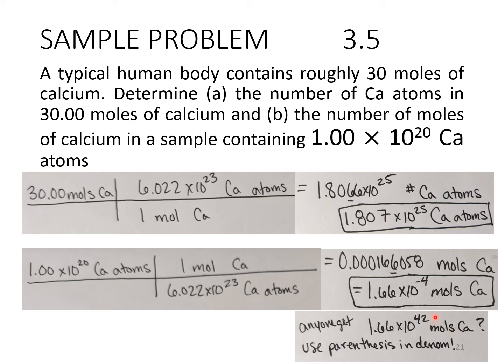So you absolutely should never have this sort of setup. Now, if you had this many atoms, that's starting to get closer to appropriate, right? You can have times 10 to the many atoms. You could never have times 10 to this many moles. Okay, so just make sure you're using those parentheses in the denominator when you're setting that up in your calculator.